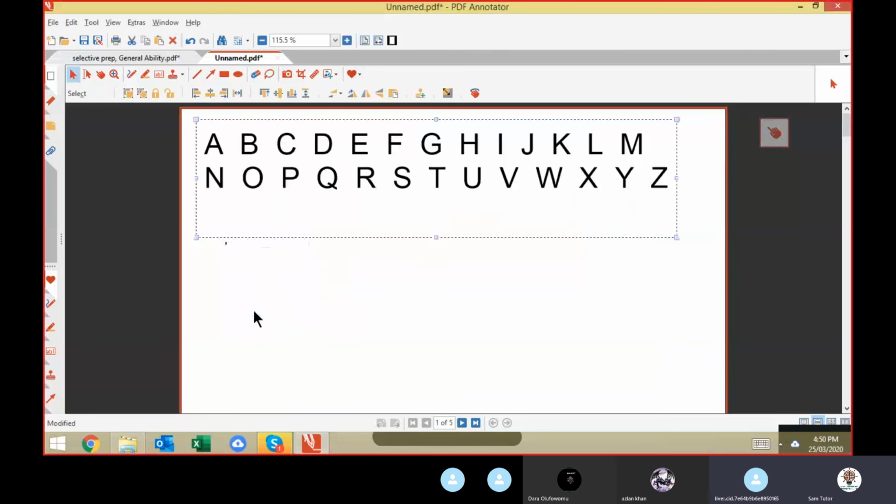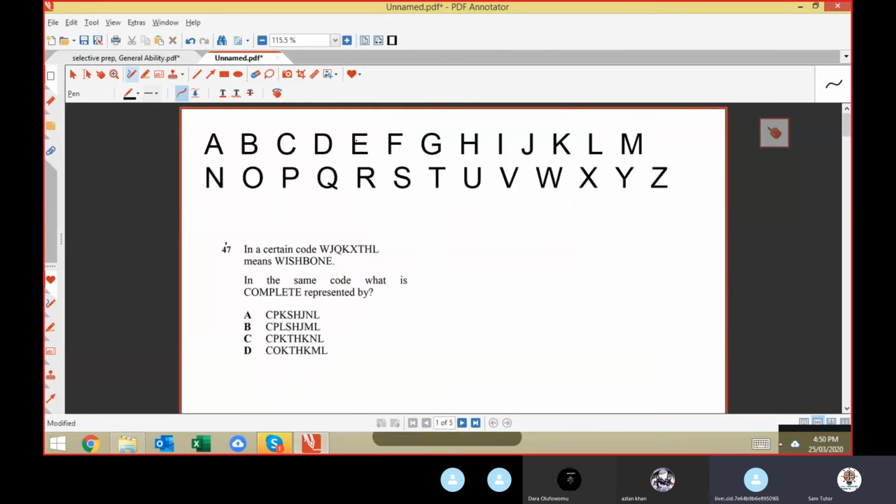All right, perfect. In a certain code, W means W. Then J means I, which is 1 to the left. Q means S, which means 2 to the right, or skip 1.